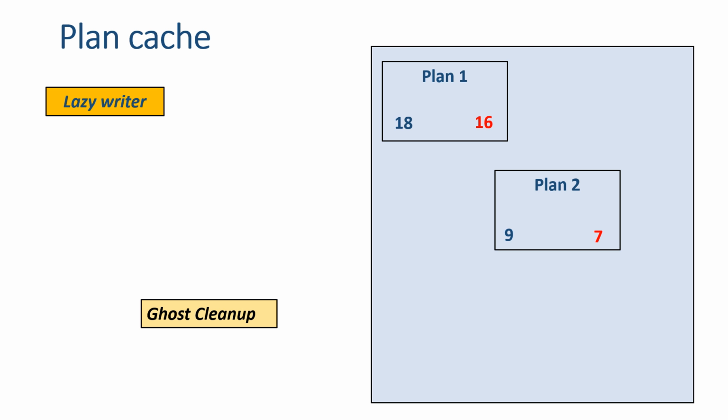For example, tomorrow there might be memory pressure on the plan cache. If there is memory pressure, then ghost cleanup will kick in automatically every few minutes and discard these ghosted execution plans out of the cache.